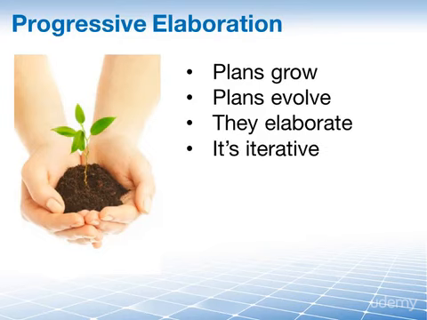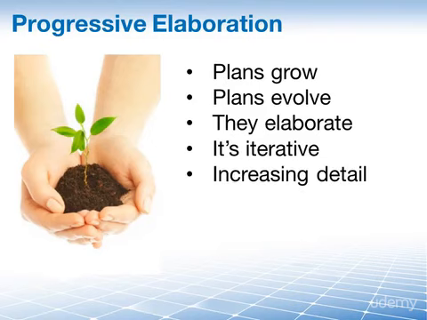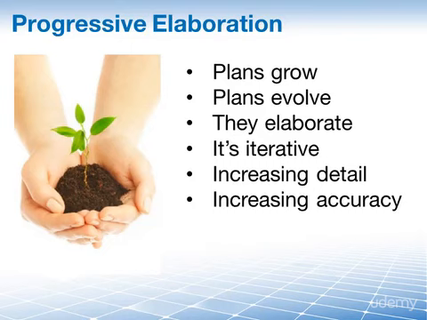Progressive elaboration is the project management term used to describe the iterative nature of plans as they are becoming more detailed and more accurate and current as more or new information is gathered or learned or considered. Knowledge builds on knowledge. Keep this in mind as we go through this process as well as other knowledge areas.